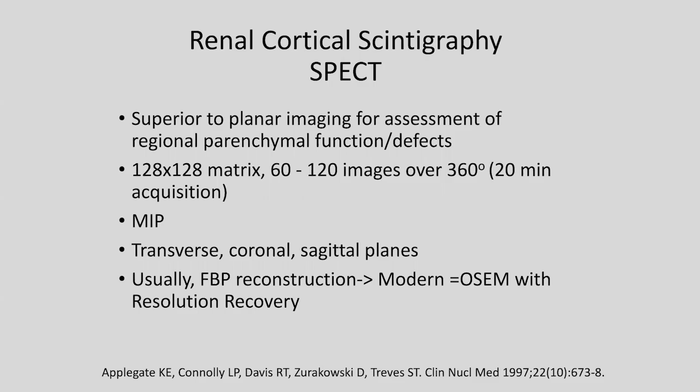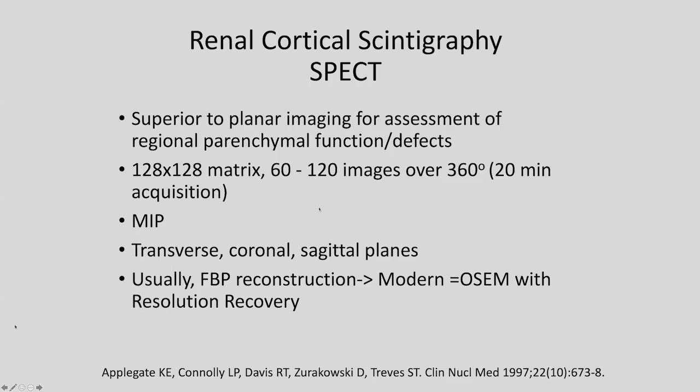SPECT is superior to planar imaging for the assessment of renal parenchymal functional defects, and I highly recommend that one resorts to SPECT on a routine basis to optimize the ability to detect abnormalities. Different methods by different manufacturers will tell you what the method of acquisition is.